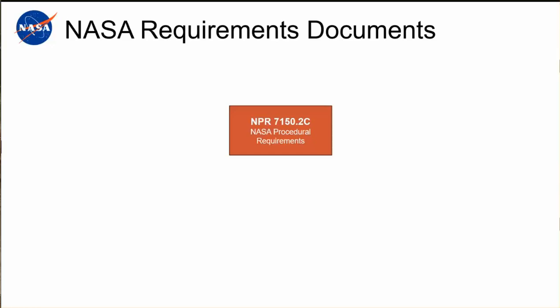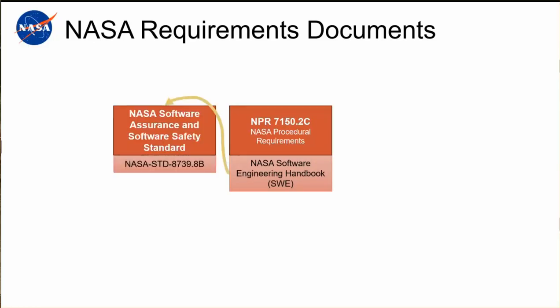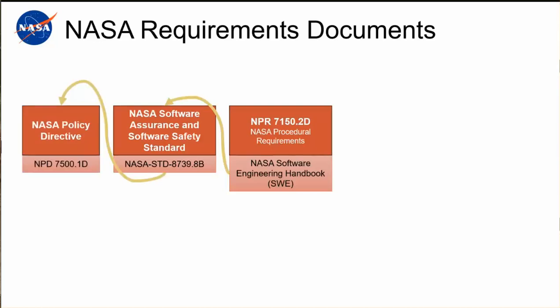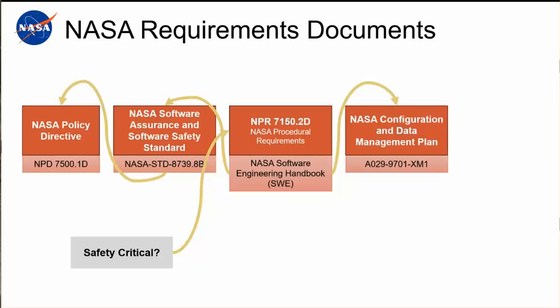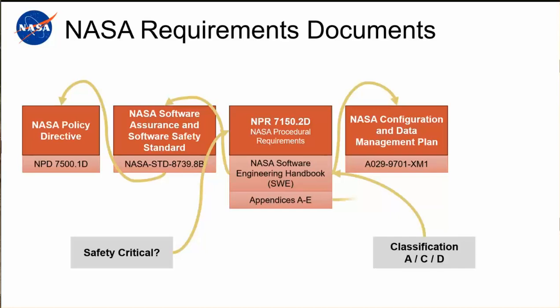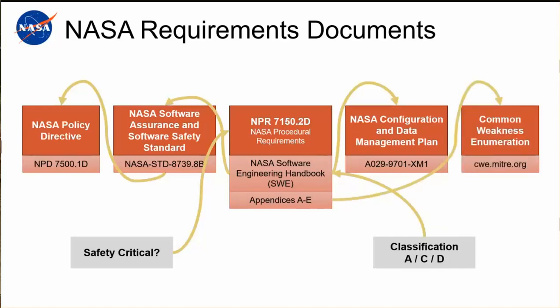In our case, we're working on a NASA project, and it all stems from NPR 7150.2C, which is the NASA Software Engineering Handbook, which then references the Software and Safety Standard, which then references the Policy Directive, and then depending on if it's safety critical, you have to use different sections of the Configuration Data Management Plan based on your classification. Don't forget your appendices, and the security analysis, which we'll drill into later.